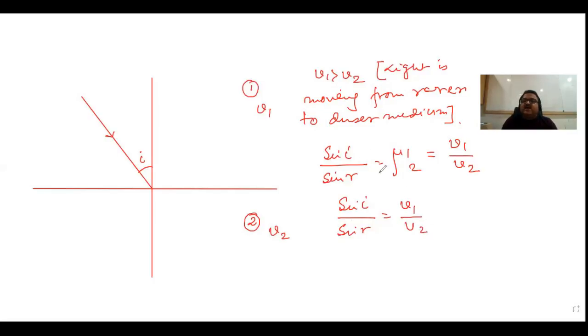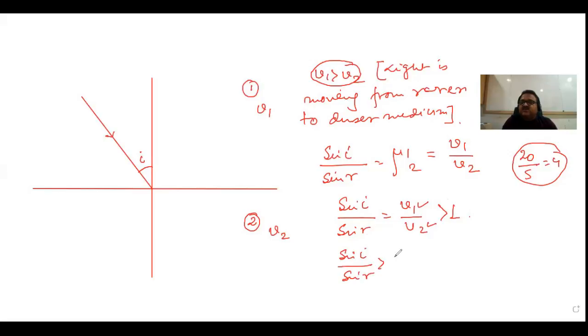Correct? Now, here I have considered v1 greater than v2. That means the numerator is larger than the denominator. And we know that in a fractional number, if the numerator is more than the denominator, the ratio is always greater than 1. A very usual example: suppose this is 20, this is 5. What is it? 4. So it is obviously greater than 1. So we can write sine i by sine r is greater than 1, so sine i is greater than sine r.